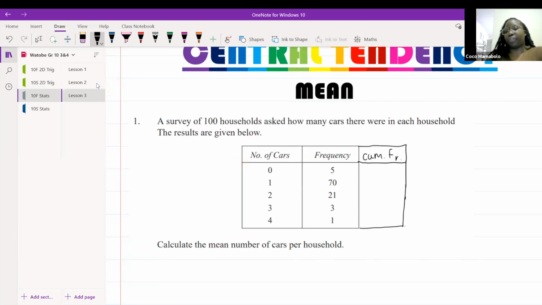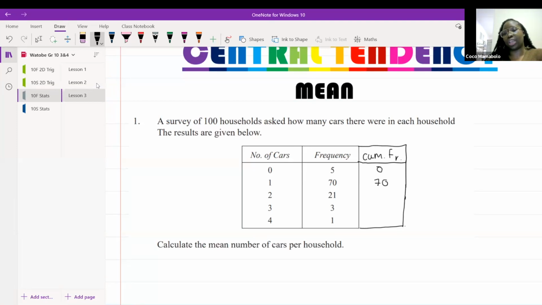All right. So the first one we're going to have is 5 times 0, and that's going to be a 0. Good. We're going to put a 0 over here, and then 1 times 70 will give us a 70. Beautiful.